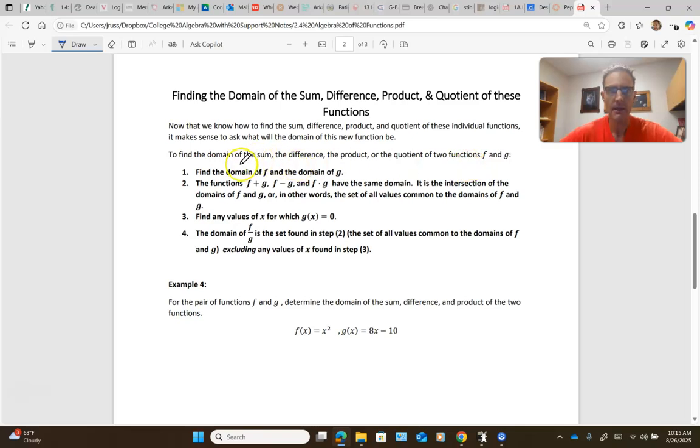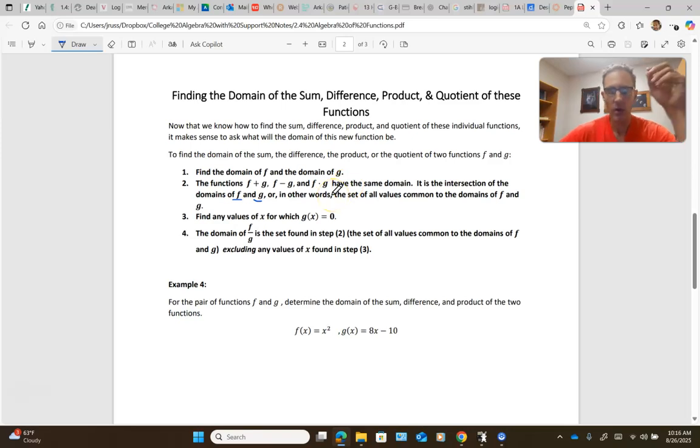So what you're supposed to do is find the domain of the two functions individually, and then the sum, the difference, and the product will have the same domain, and it'll be the intersection of the domains of those two original functions. In other words, the set of all values that are common to the domain of both f and g.